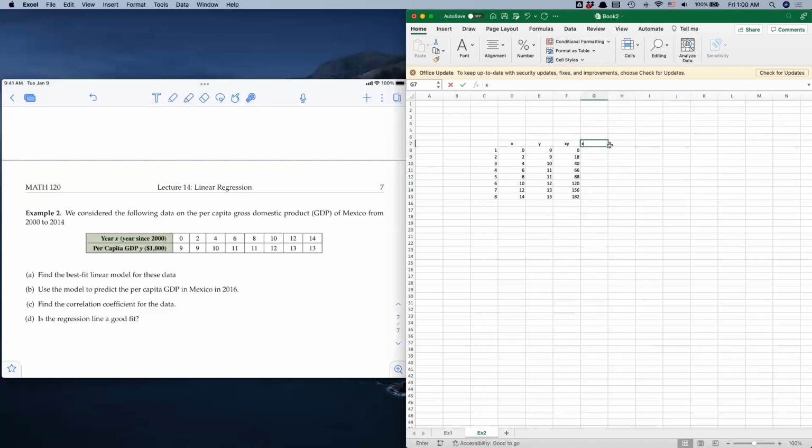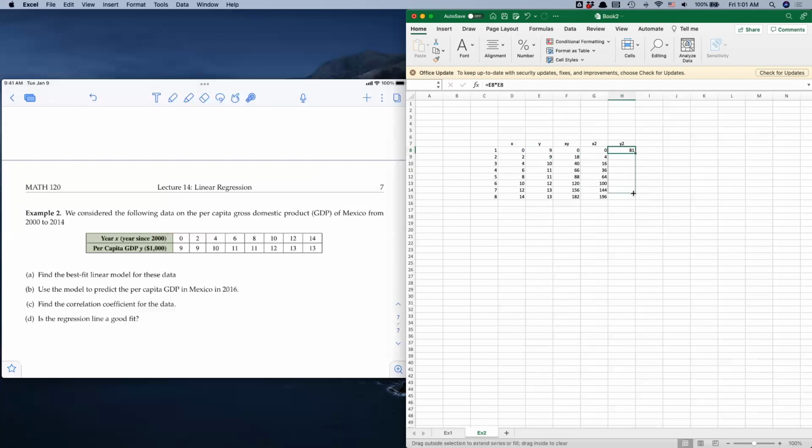The next column is x squared. This is equal to x times itself. I'm going to drag the formula down. And y squared, because later on we need y squared in the formula for the correlation coefficient. This is equal to y times itself.